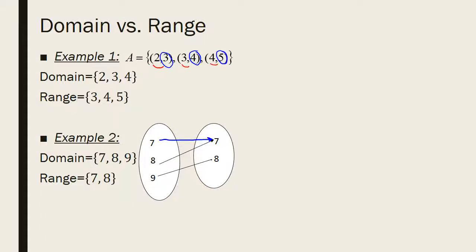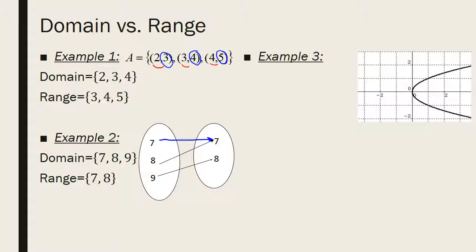Now, let's take a look at another example where we have a graph. In the graph, we have to think about the x values that make the function work. And for the range, we have to look at the y values that result when we use these x values.